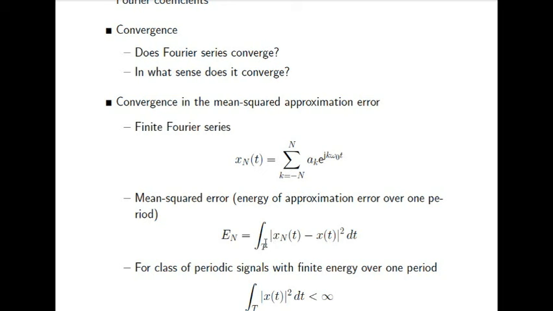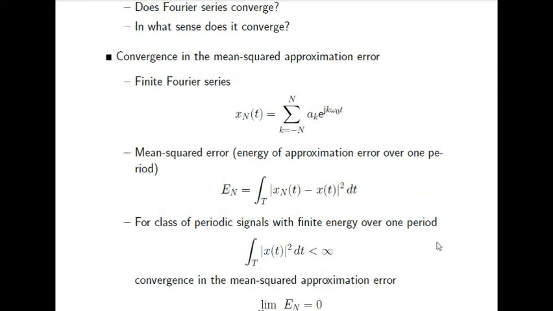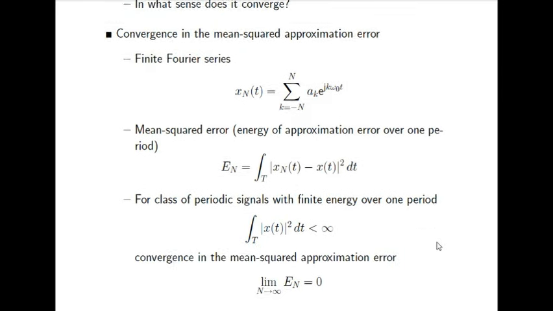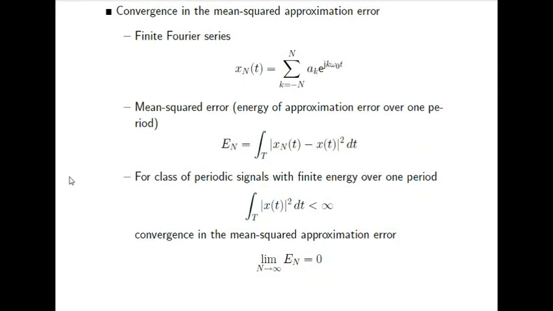For a class of periodic signals, we know that a periodic signal over a particular time period should have finite energy. When N tends to infinity, this E_N should tend to 0.